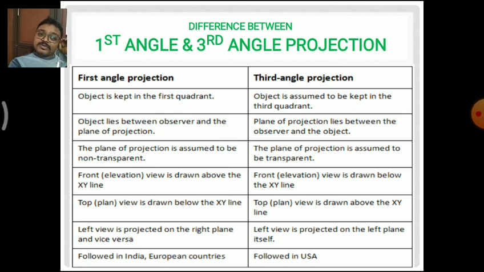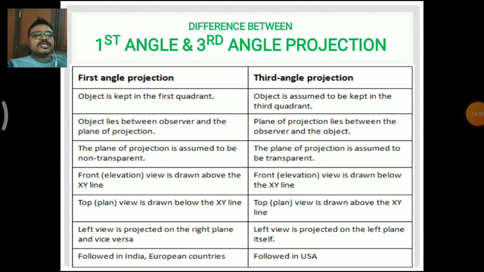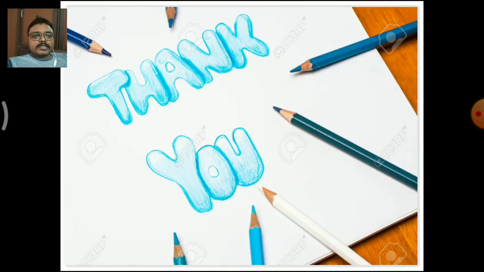There you can see third angle projection used in engineering drawing, but in our country, first angle projection is the basic projection we use. So these are the basic differences between these two projections, and these are the different types of projection methods. And thank you.